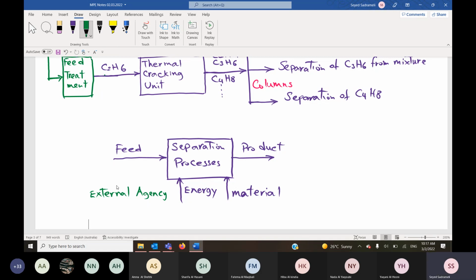So, for example, for separation of solids, we use magnetic energy.